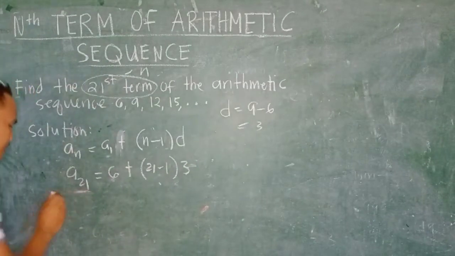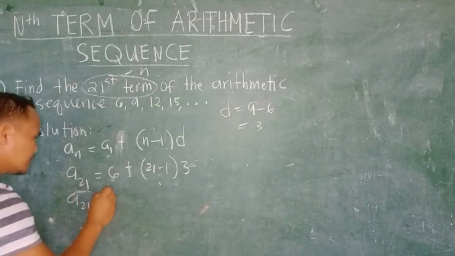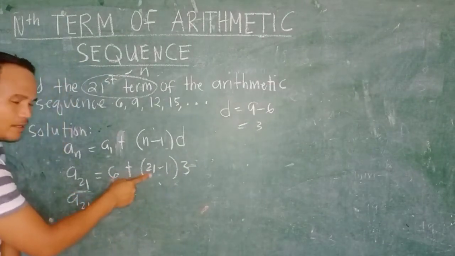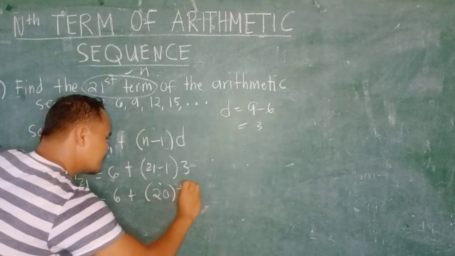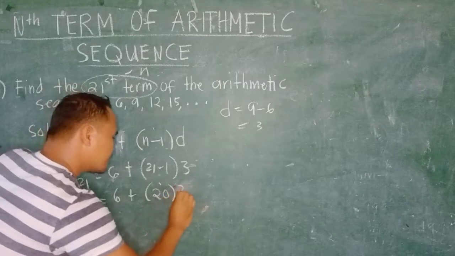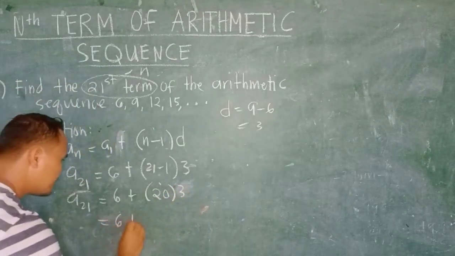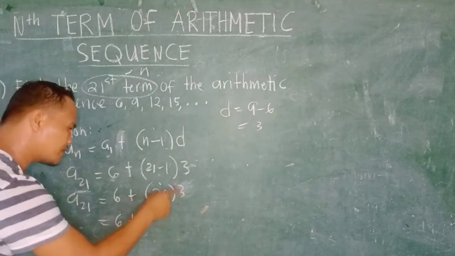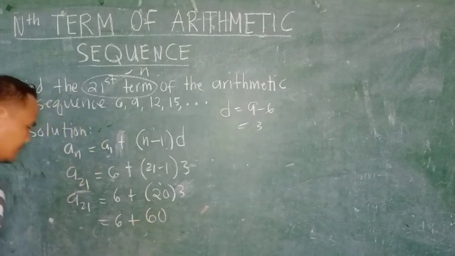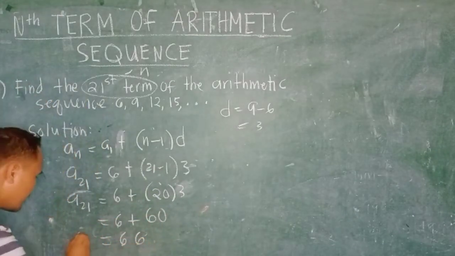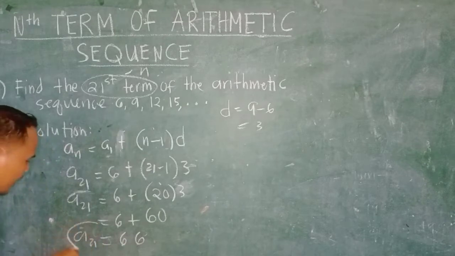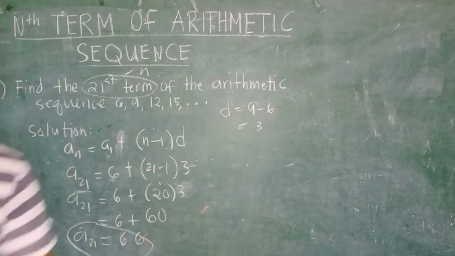Okay, let us simplify. Copy 6, subtract, 20 times 3. Okay, 6 plus 20 times 3, that's 60. So add 60 and 6, 66. Therefore, a sub 21 is 66.